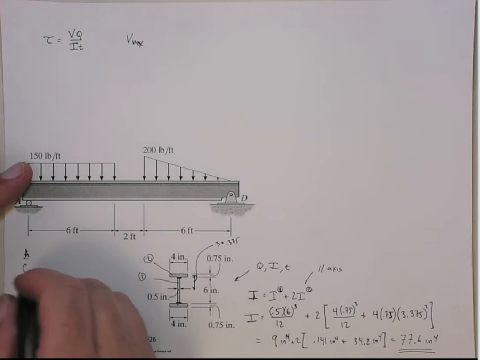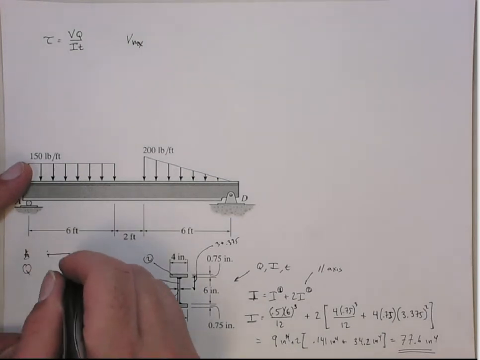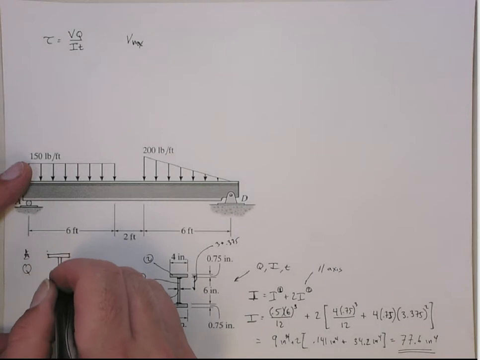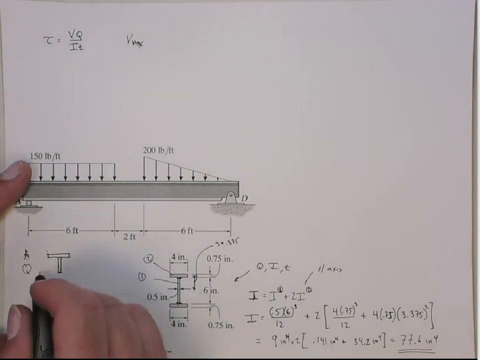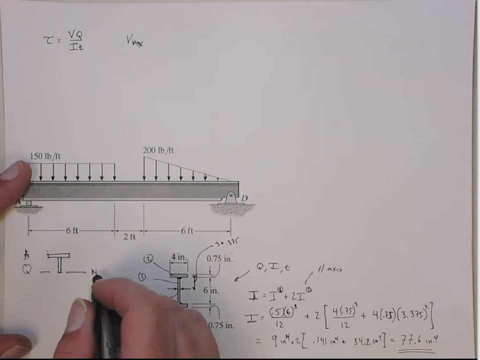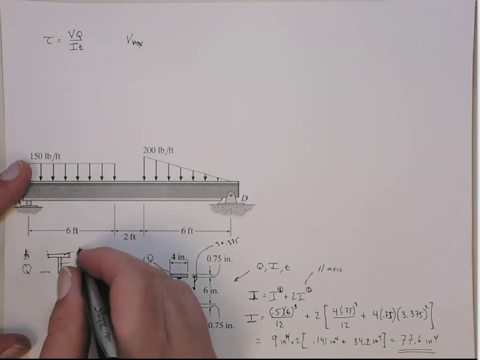All right, we also need to get the Q at the cross section, so let's do that in here. Q for the cross section, so that one. All right, we just have to consider from the neutral axis up. That's the neutral axis. So again, we'll call this shape 1, and that we'll call shape 2.